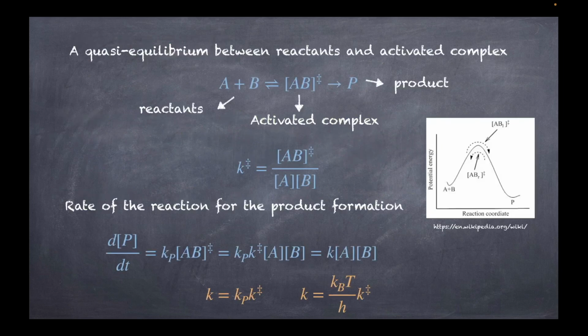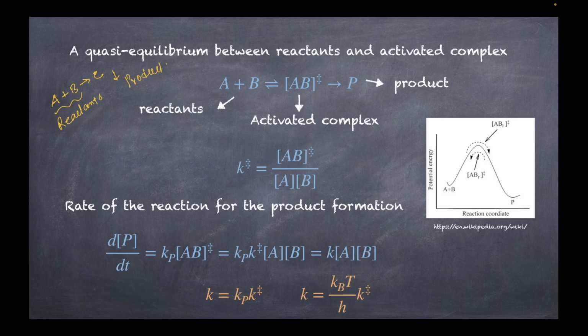Now let's say or assume a simple bimolecular reaction A plus B to C. Here A and B are the reactants and C is the product.